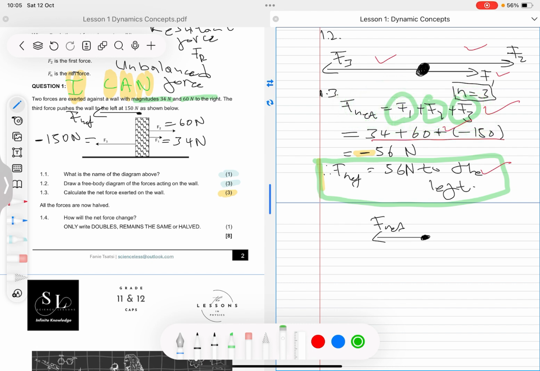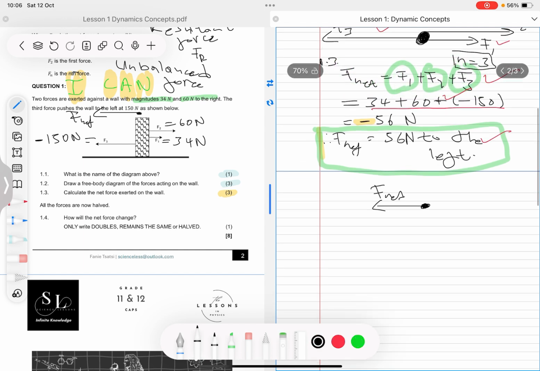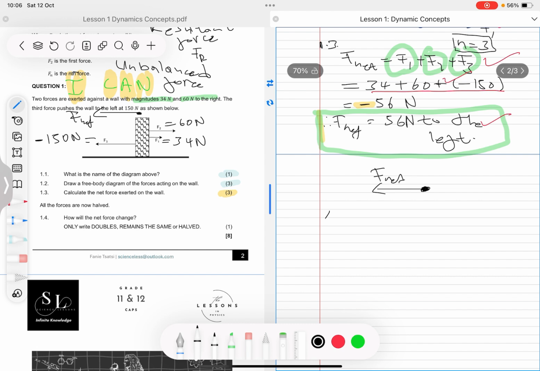Doing this will help us to judge if our answer is correct or not, because we expect that if you increase or decrease this, this should also increase or decrease, right? So here we have halved all these forces. We expect the net force also to be halved, right? Now we will do it in the form of a calculation to see if that really is true.